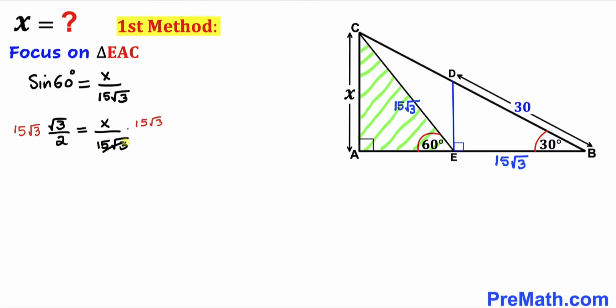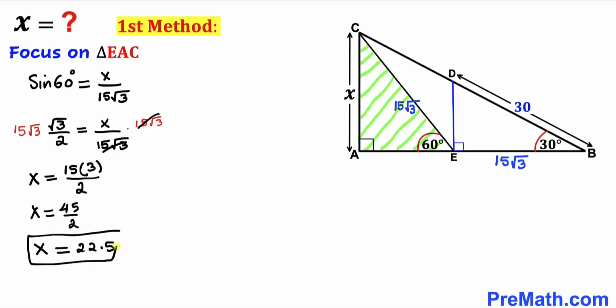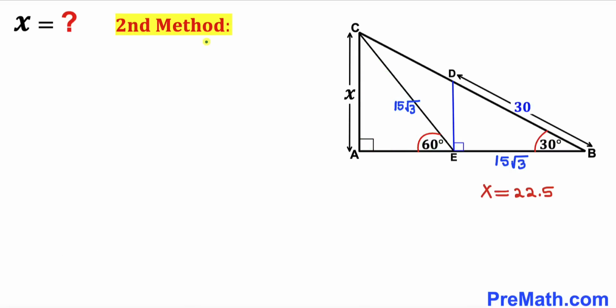So x turns out to be equal to 15 times square root of 3 times square root of 3, which gives us 3, divided by 2. So x turns out to be 45 divided by 2, or simply x is 22.5 units.